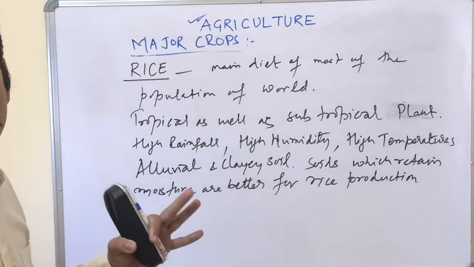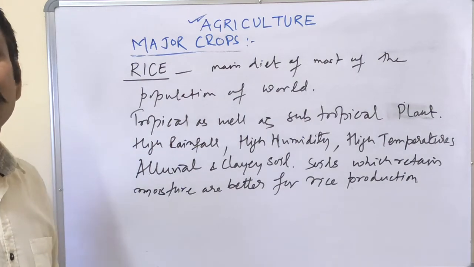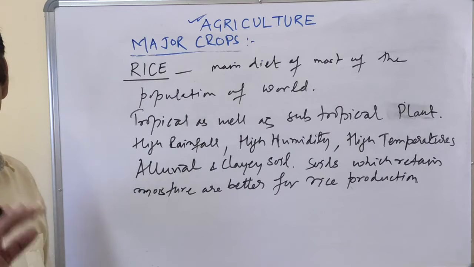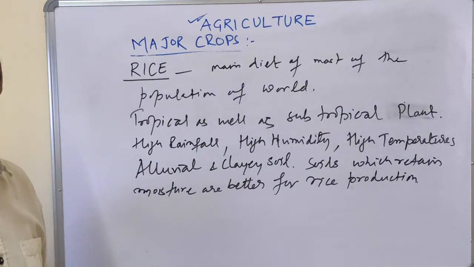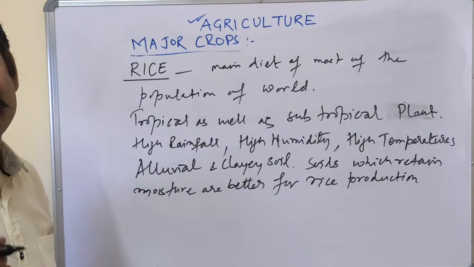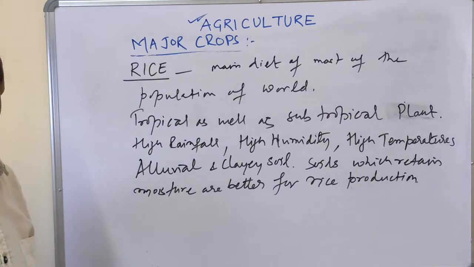The soils which hold moisture in them are considered best for the cultivation of rice. It is also known as moisture retentivity. Those soils which hold moisture in them are better suited for the cultivation of rice.